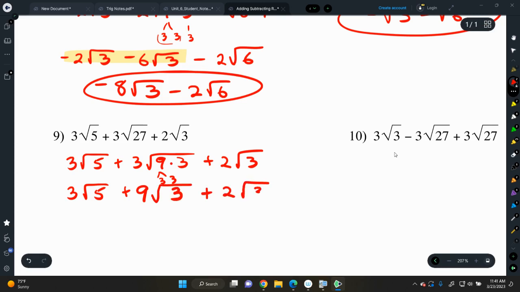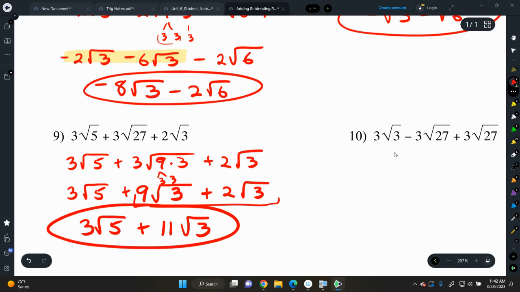Okay. Okay, so we're combining these two. Is that what you said? Okay, the air conditioner came on. It was hard to hear. So we're left with 11 √3. There you go. Okay, very good.